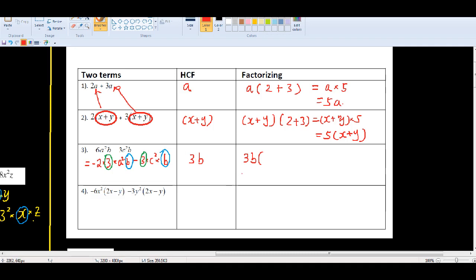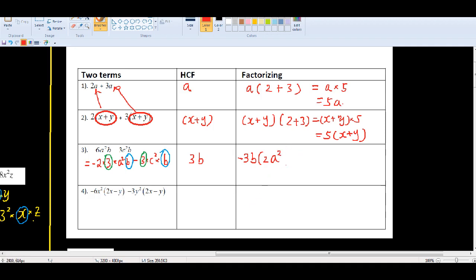But as I have said, if the leading term is negative, we really prefer to change that into negative 3b. If you divide by the negative 3b, what do you get? You got 2a, positive 2a, and for this, 2a squared.